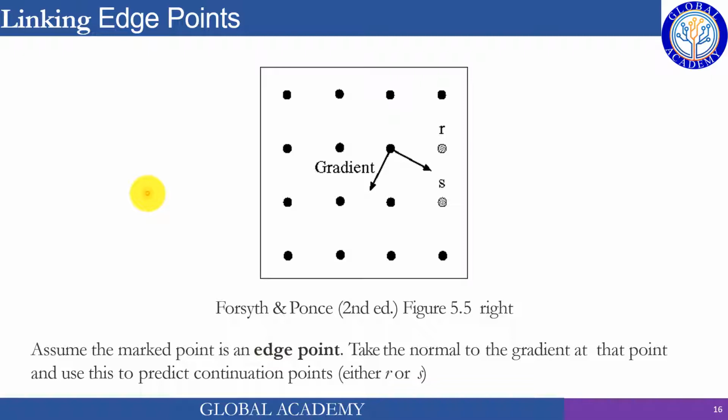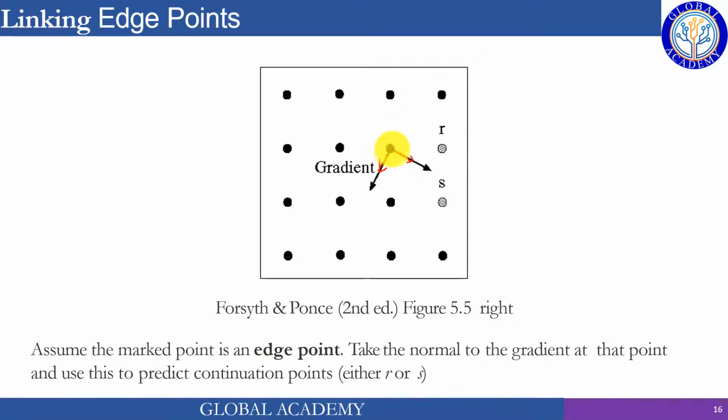So once again, linking edge points. Consider this marked point as an edge point, and this time you have to move along 90 degrees to the gradient. Say we have the gradient along this direction, and this is the normal direction to the gradient at 90 degrees.